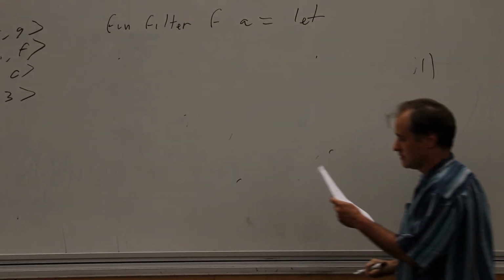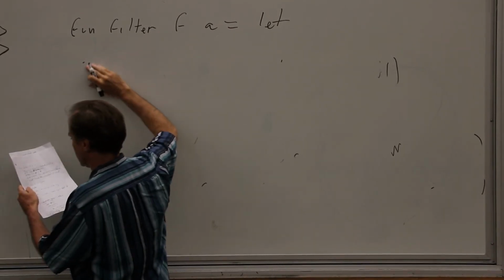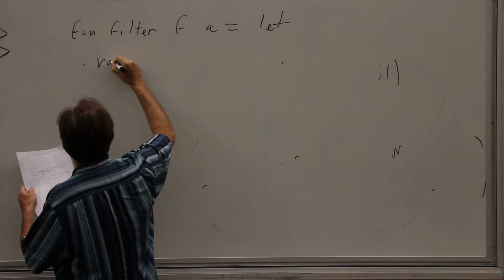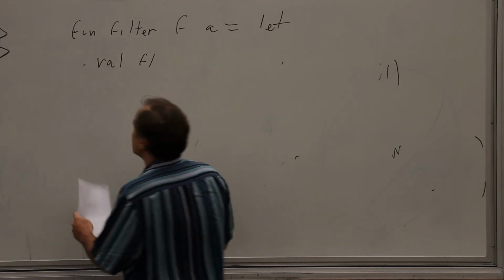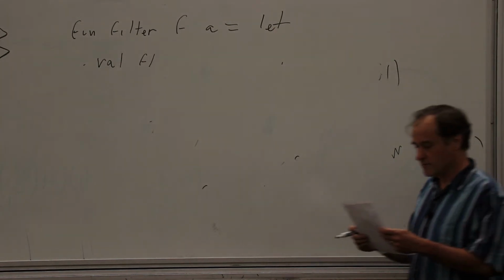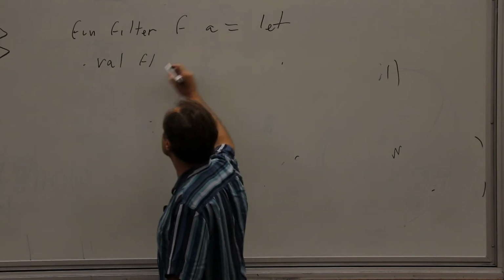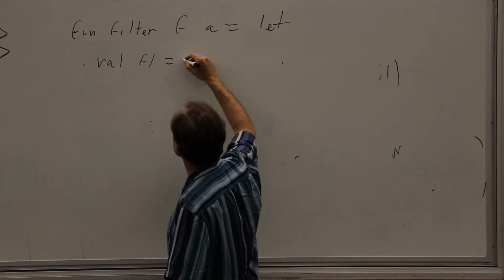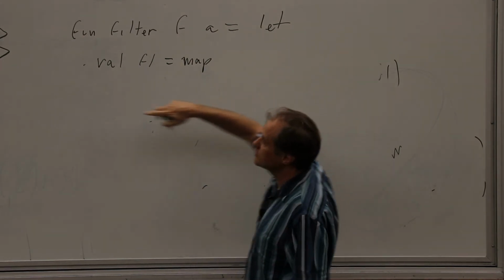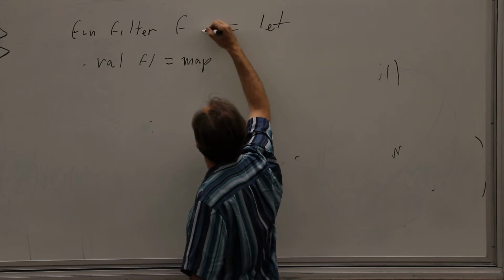First, I'm going to generate my flags, which are going to be actually zeros and ones. So flag is going to be basically map over, I'm going to map it over my sequence A. Make this a capital A here.